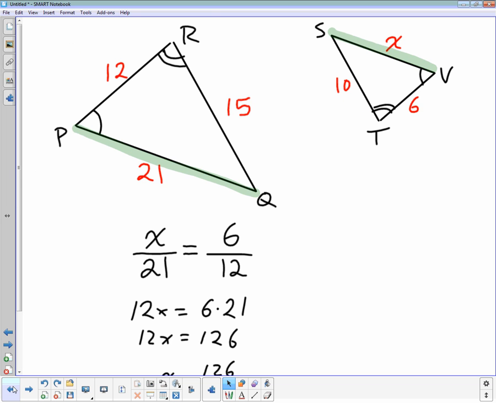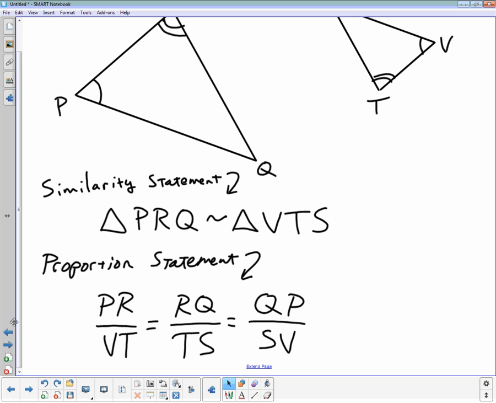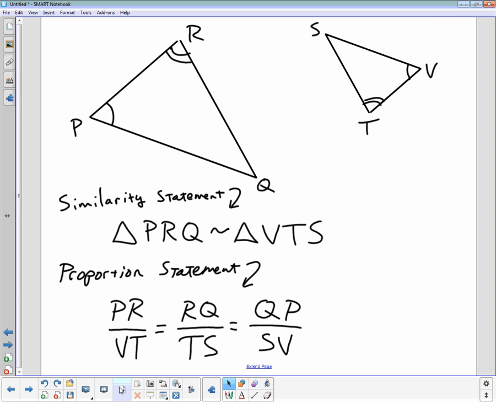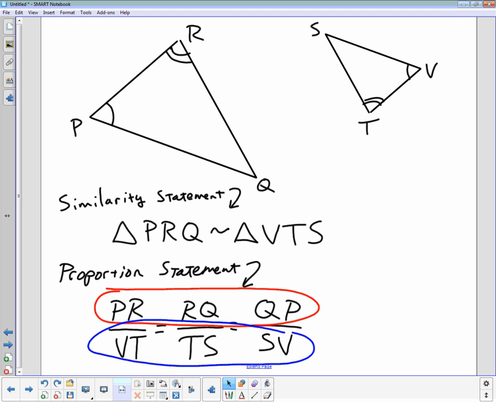Let's go back for a second. Look at those, the PRQ. All three of these numerators, and all three of these denominators, they come from the same triangles. So that's a good way to get yourself on the right track, and make sure you're not making a mistake that way.